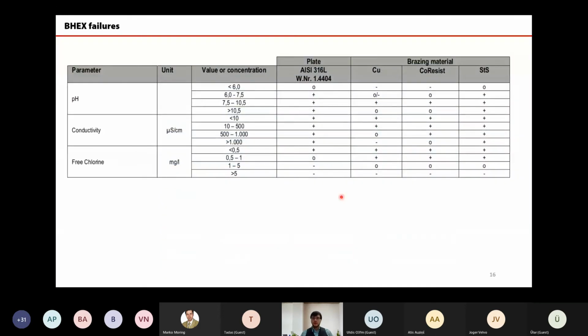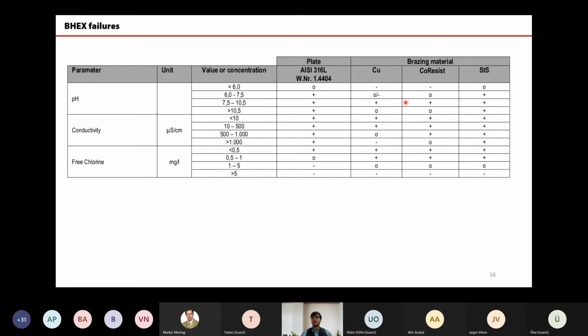So what we did from our side is introduce to the market two additional brazing materials, which are called Co-Resist and stainless steel. Co-Resist is a copper-based material which has much bigger resistance to electrical conductivity, because by changing the chemical composition of the brazing material, keeping copper as the biggest part of it, we reduce the electropotential difference between stainless steel and the brazing material.